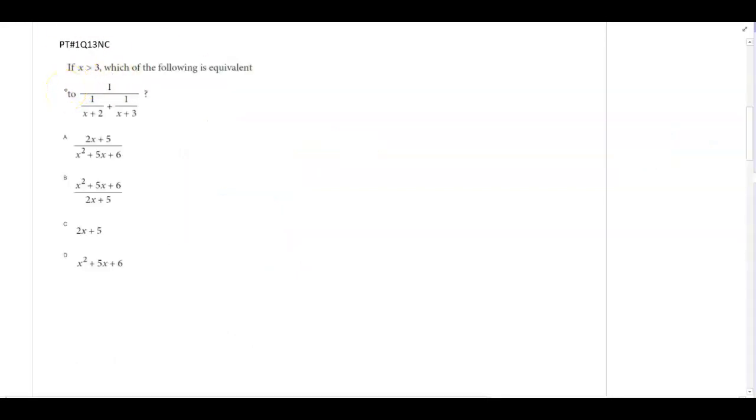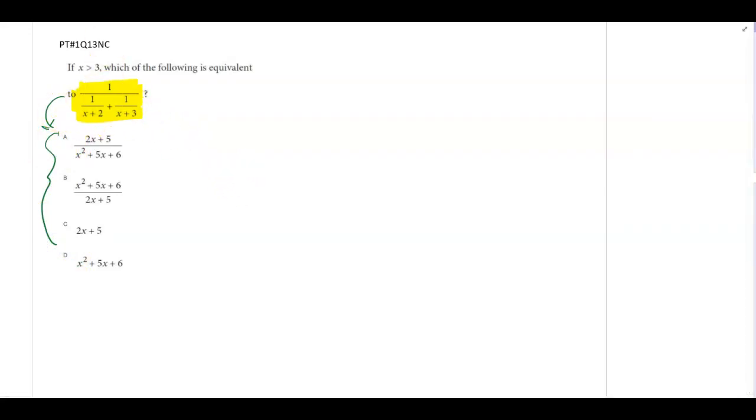It says if x is greater than 3, which of the following is equivalent to this expression? Now, again, x being greater than 3 just tells you where this function would exist. Other than that, you're just trying to write this to look like one of these answers here.